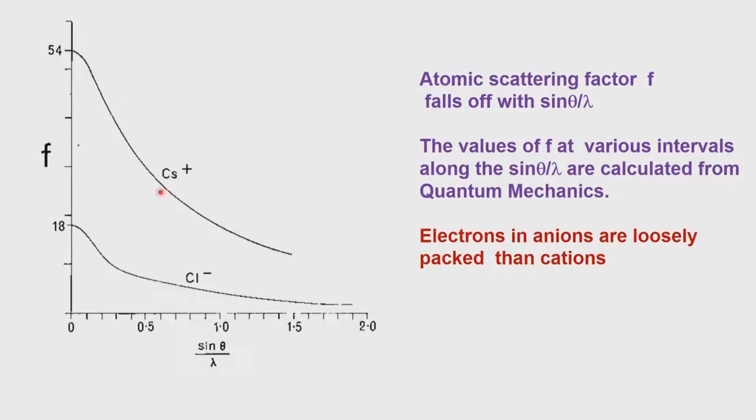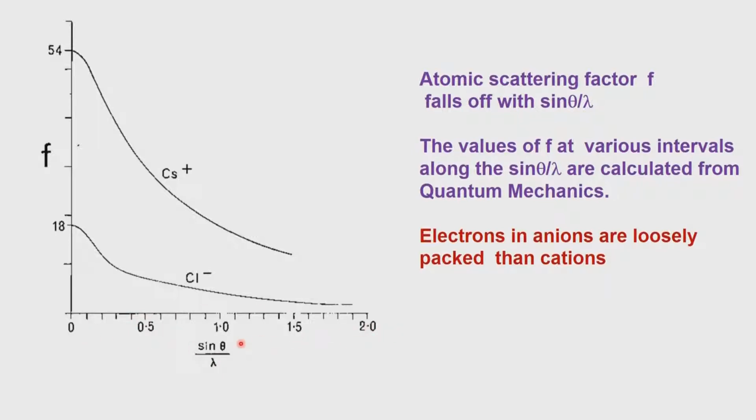So, whenever you have an anion and a cation, the behavior of the scattering factor is different from each other. The fall off with respect to sin theta by lambda depends upon how tightly the electrons are packed in a given atom.